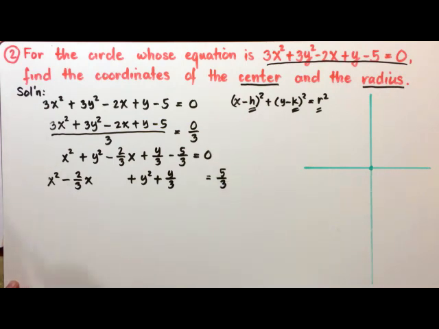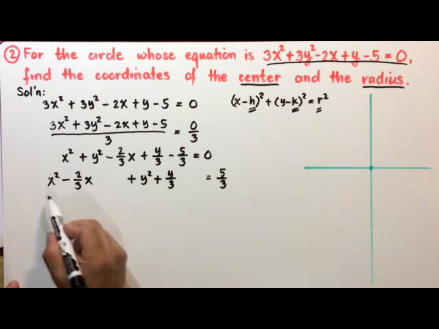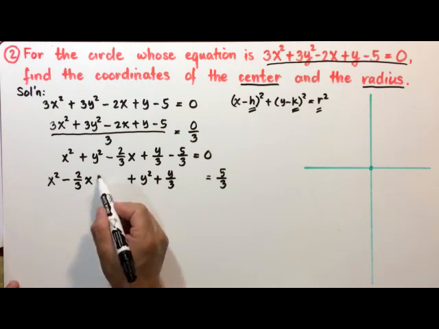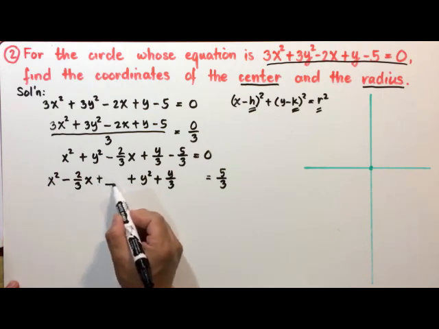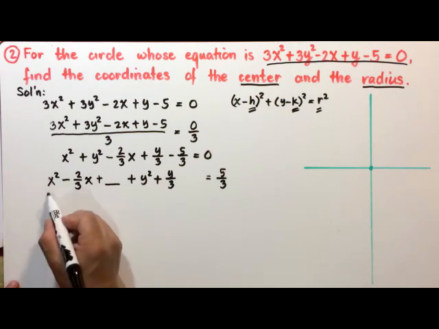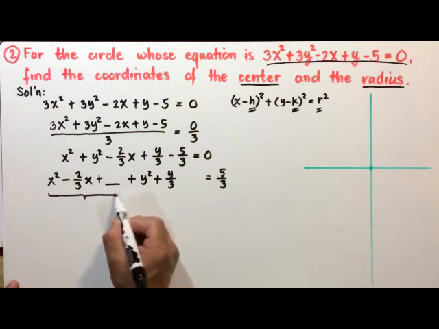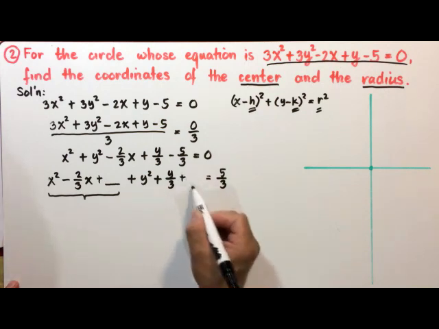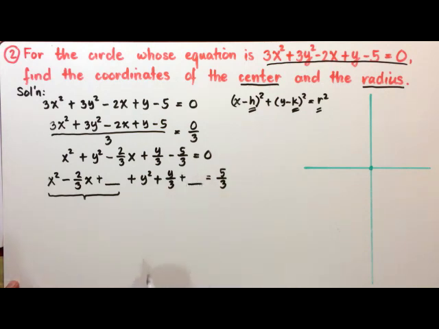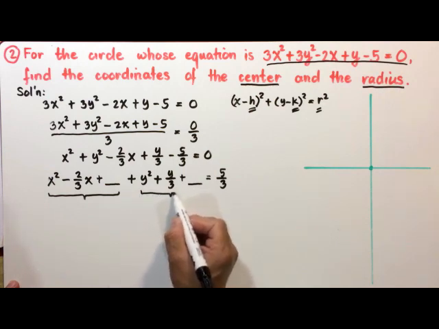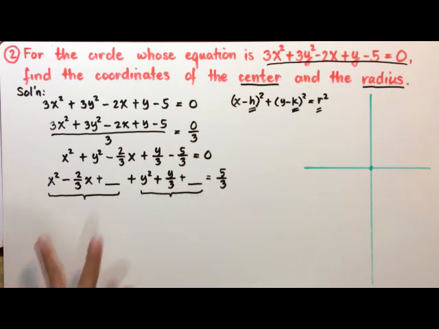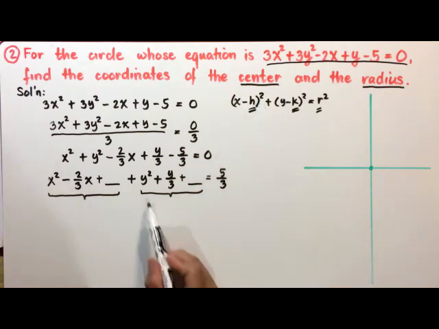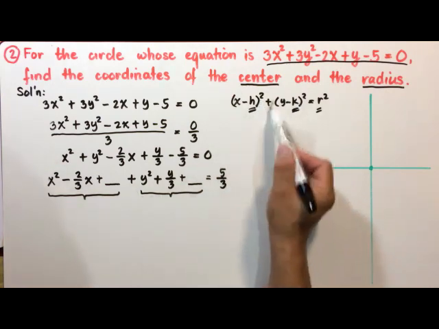Now I need to make this a square by adding a third term to make what we call a perfect square trinomial. Also here I need to add a third term to make this a square. My objective is to make this like this and this like that.